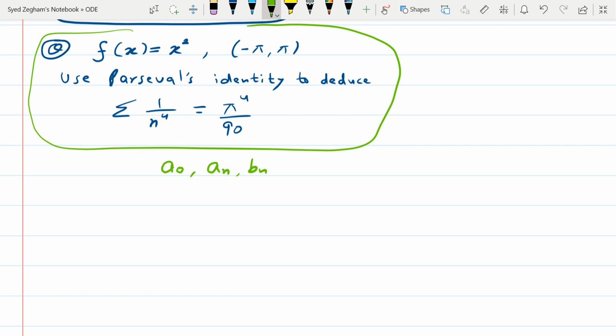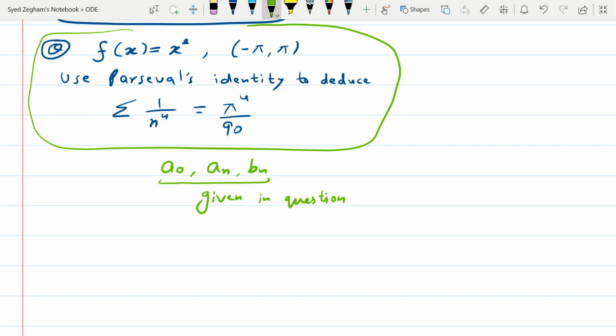So sometimes, or if you see different books, these three values will be given in the question. So what you have to do, you just have to substitute these values in the Parseval's identity, do some simplification and get the answer.